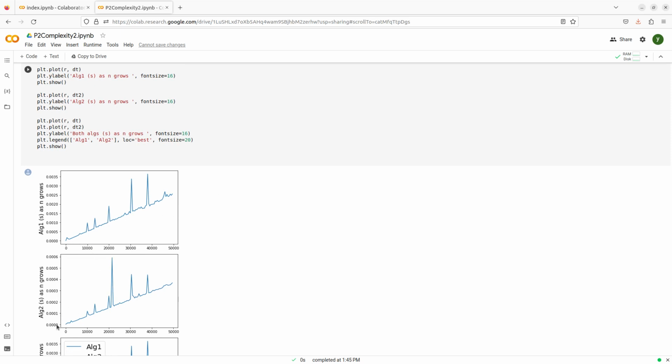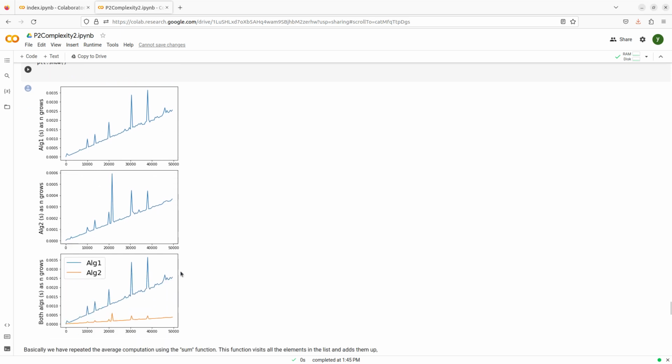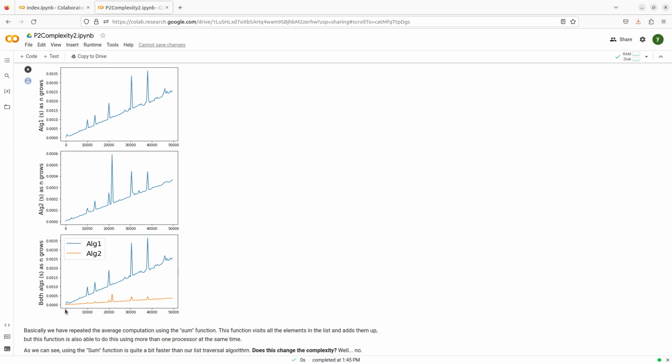They are both linear time algorithms, but when I compare the time, the version that runs in C, the sum version, is much faster. Okay, so this adds one final dimension to my discussion about algorithm complexity, and I'm not going to focus on this in this course, but I think it's important to say it.